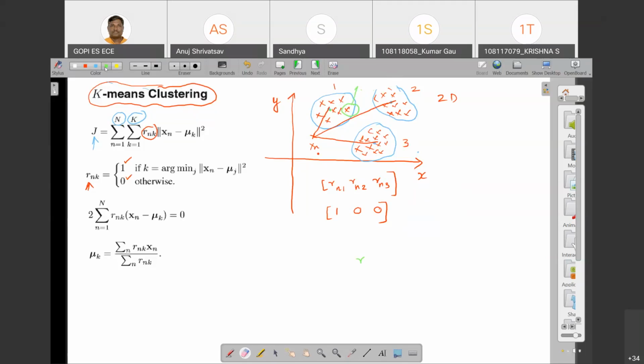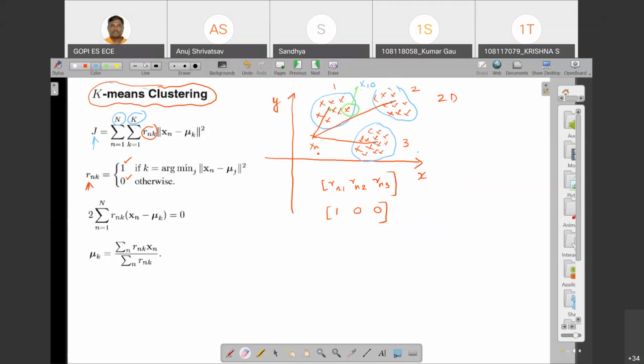Say this is the 10th vector. I'm sorry, not X, R. So we have R10,1, R10,2, and R10,3, because we have only 3 clusters. This value is going to be 1, and the other two values are going to be 0. So that is the value of R nk.